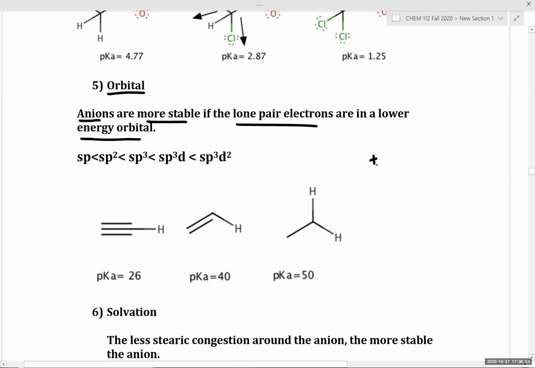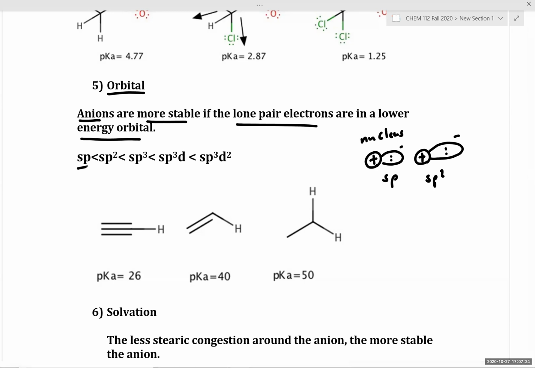Well, if we look at a drawing of our nucleus, for example, and we compare our different orbitals, we notice that the sp orbital, which is shorter and stubbier, holds our lone pair closer to the nucleus, and in turn, we can more readily stabilize our lone pair with the nuclear charge. This is why, in general, the more s character we have in the orbital in which our anion is located, the more stable the anion will be. Does this concept seem familiar to everyone? Does this make sense to everyone so far?